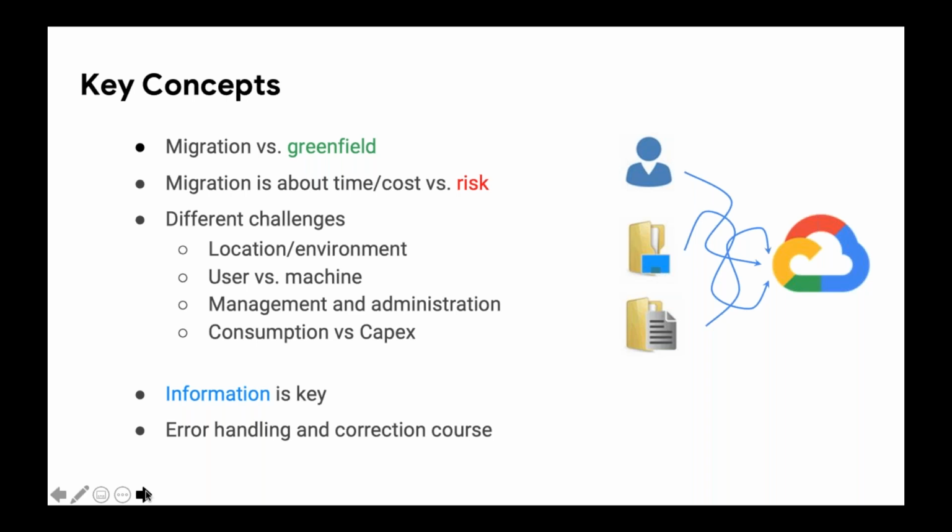Now the choice between migration and greenfield is really about balancing time and cost versus risk. Starting with greenfield will for sure cost you more money and time, because you have to rebuild everything from scratch. Not only you as a system admin and your team, but also your end users. If you're giving them a pure blank desktop to start with, they're going to have to rebuild it.